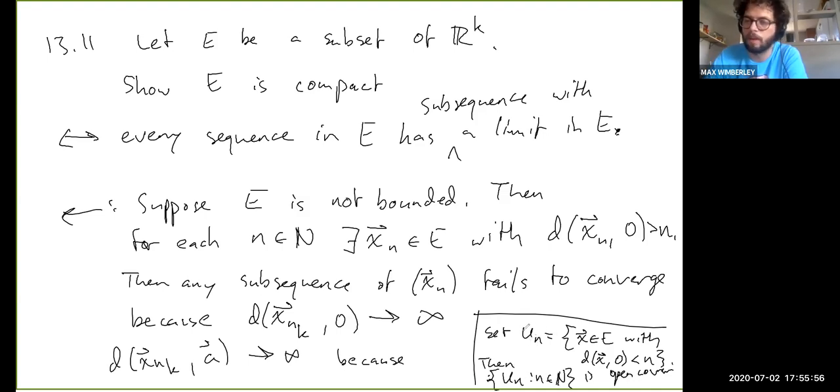There's going to be a biggest one. So if you look at the biggest one out of all the finitely many un, there's going to have to be points in E that are outside of that, because E is unbounded. So there's no finite subcover of this open cover of E. That directly proves that E is not compact if E is not bounded. Does that make sense?